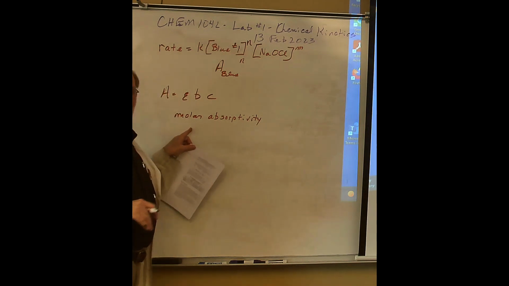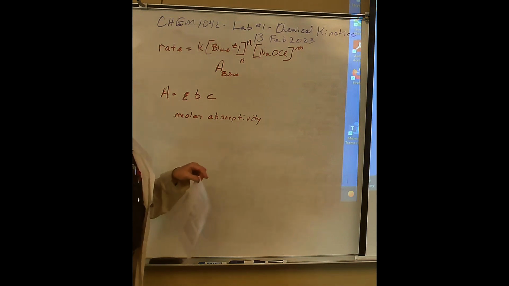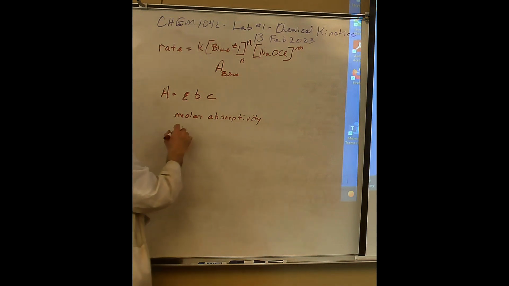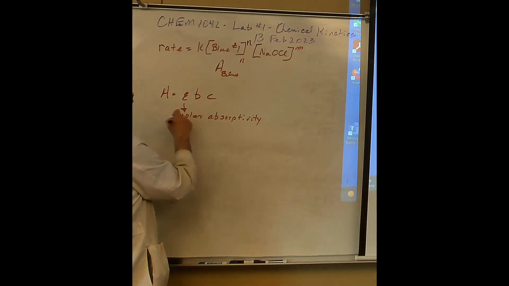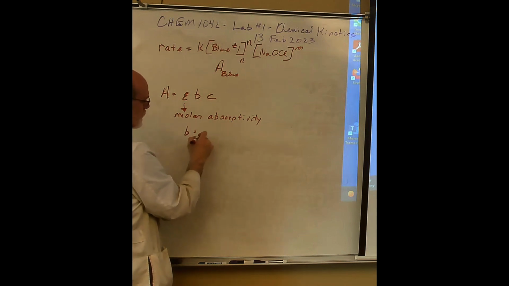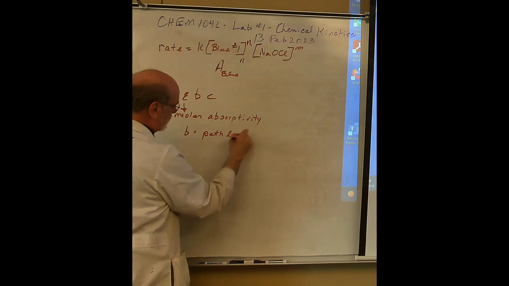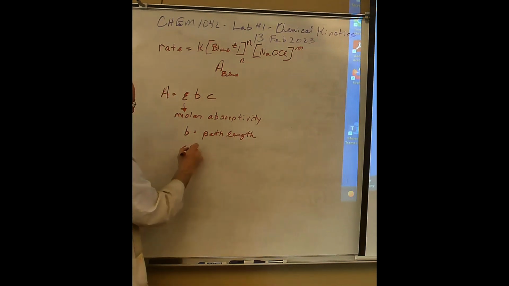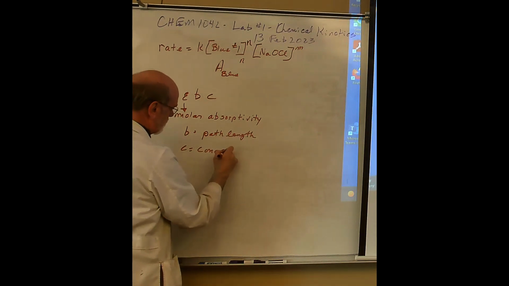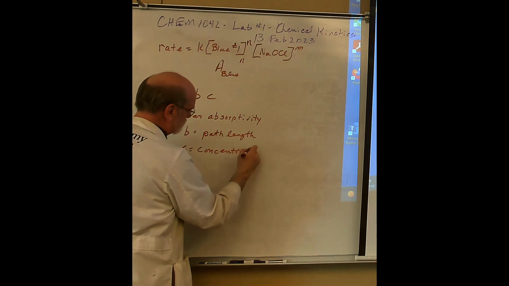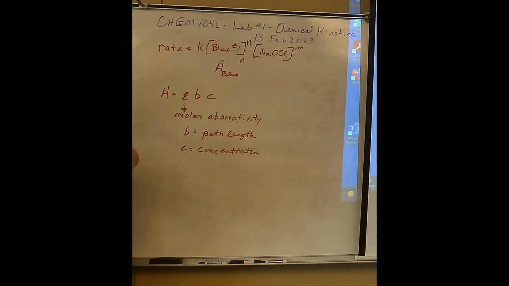We don't have to deal with that; I'm just giving you that for information. b is equal to path length, and c equals concentration.